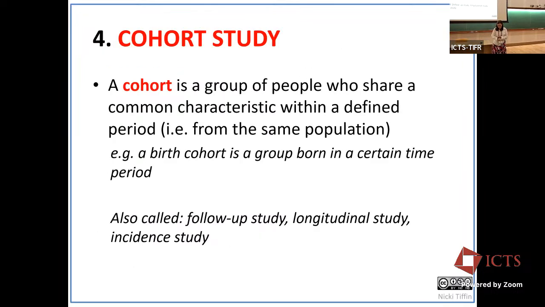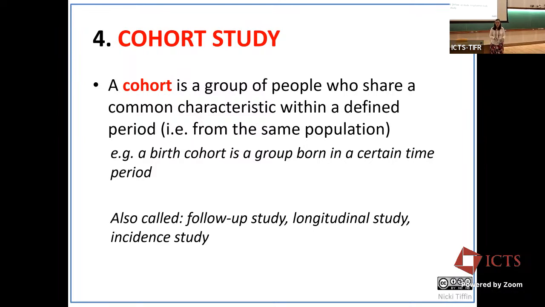So moving to a cohort study, a cohort is a group of people who share a common characteristic within a defined period. So they must come from the same population group. Again, a population doesn't always mean a geographical population. It could be a population of people who had experienced a certain event, or a population of people who are all subject to exposure to a certain disease.